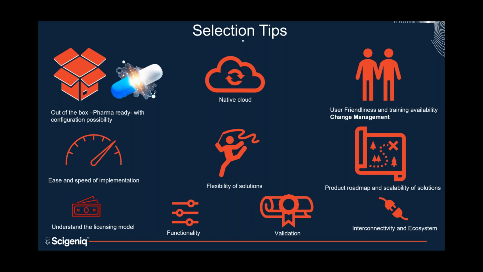Usually you need to change very minimal stuff and you go live very quickly. Of course, you need the ability to configure some items, but at the same time, make sure you get the best out-of-the-box features, which in turn are validated, which will reduce the validation effort you need to do.